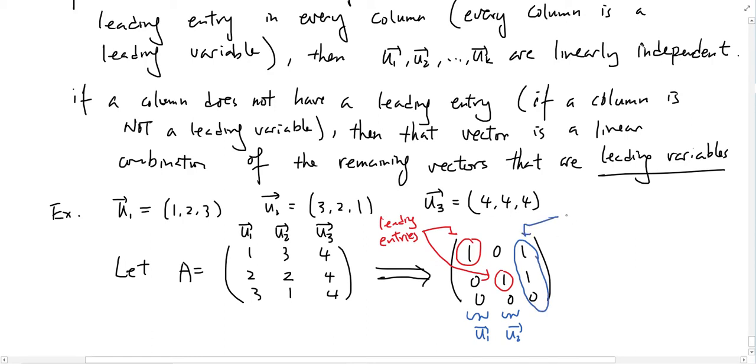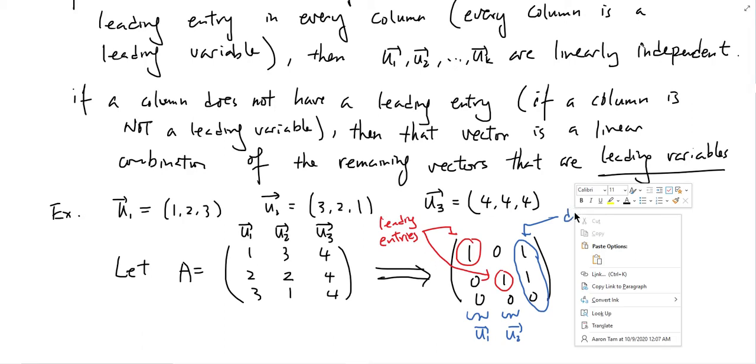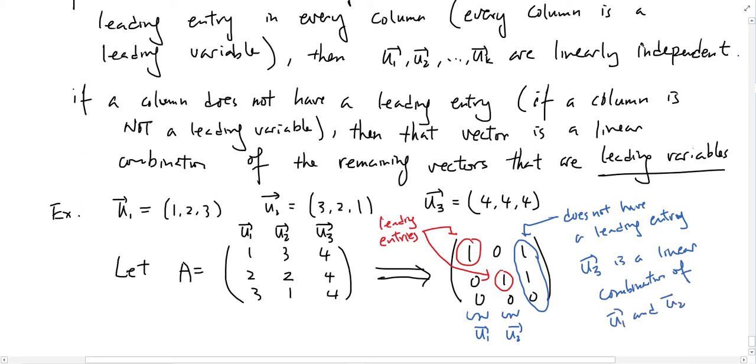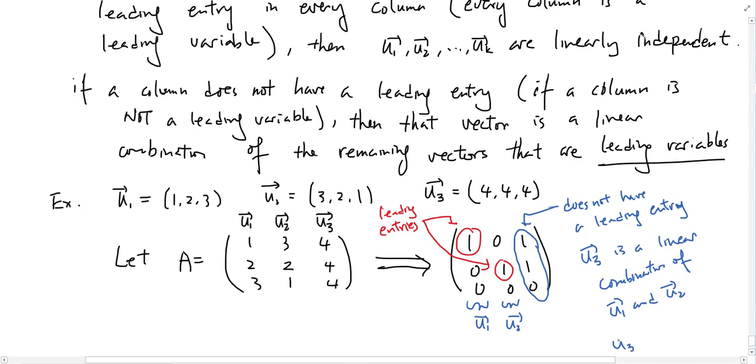This column does not have a leading entry. Therefore it implies that this vector u3 is a linear combination of u1 and u2. Guess what? We already know that is the case because u3 equals u1 plus u2. We already see that. So that's what this theorem does.